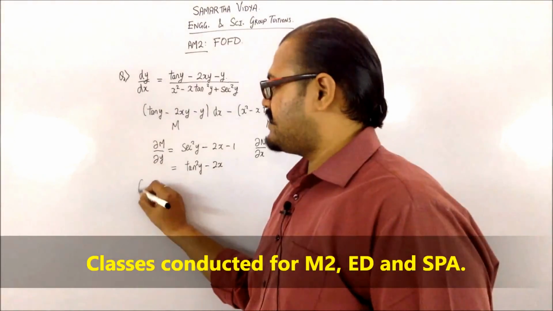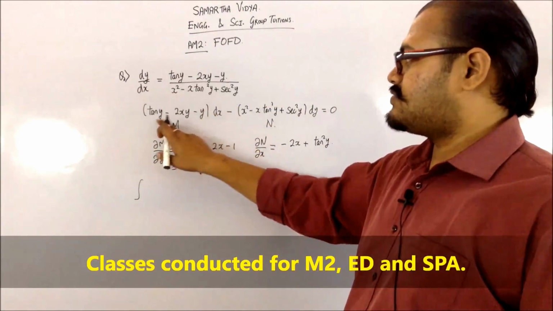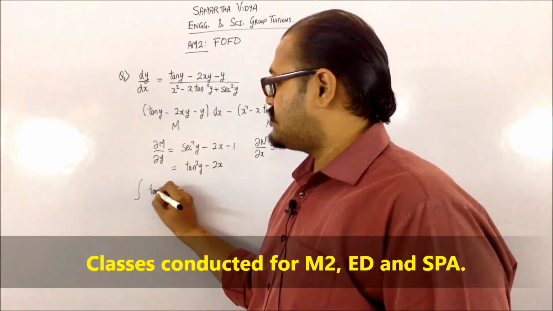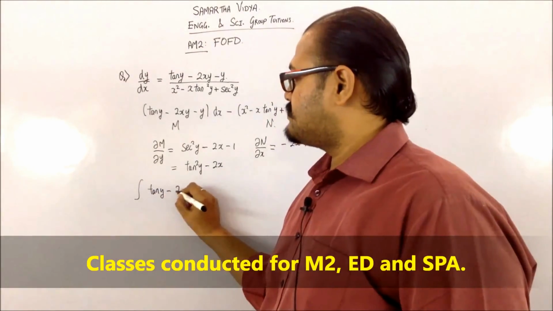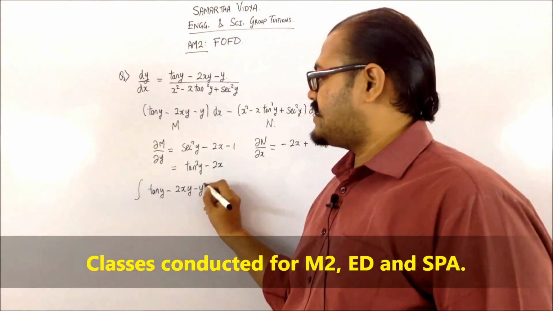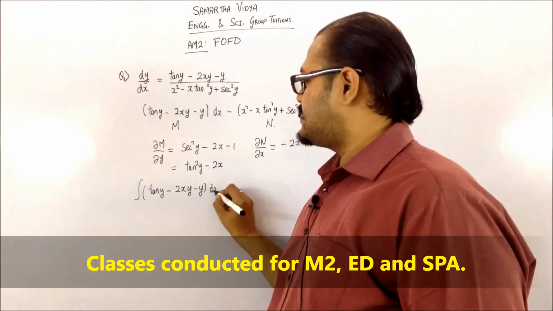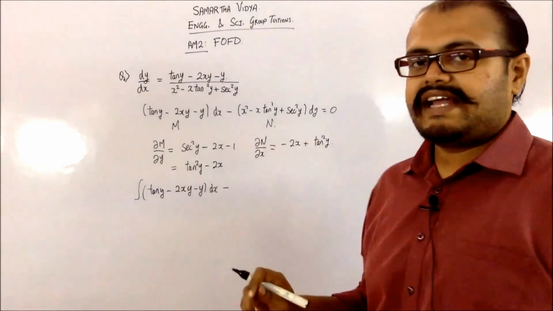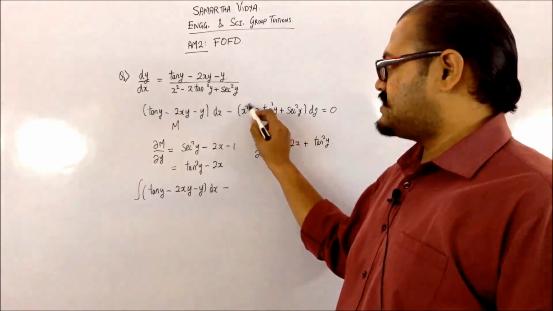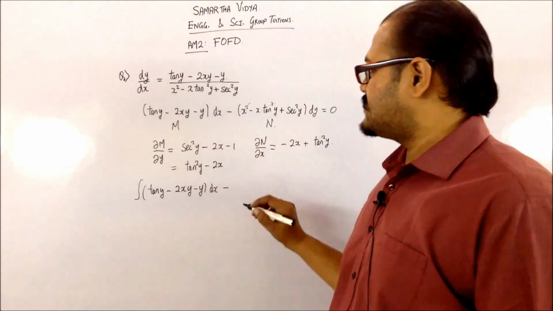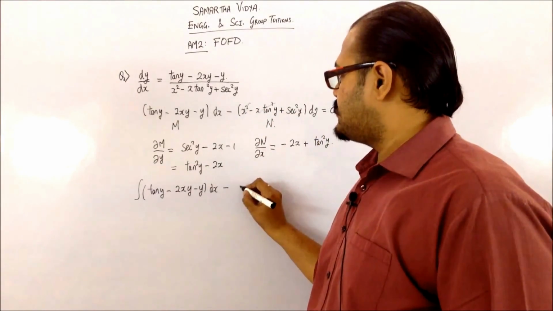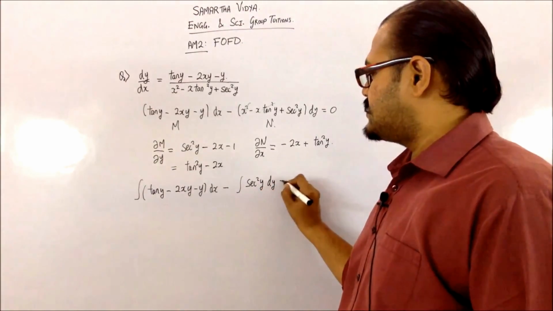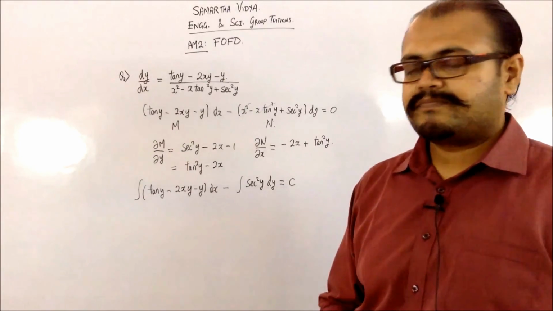The solution will be given by integration of m, keeping your y constant. So that is the integration of tan y minus 2xy minus y, dx, minus, coming to this, we do not require any x term in it. So this term is gone, this term is gone, and the only term remaining is this. So it's going to be integration of sec square y dy is equal to some constant c.